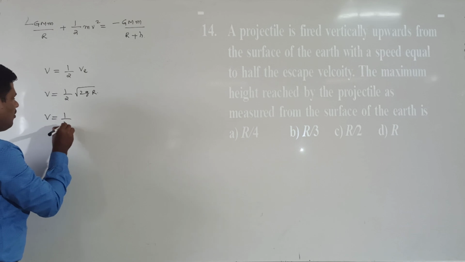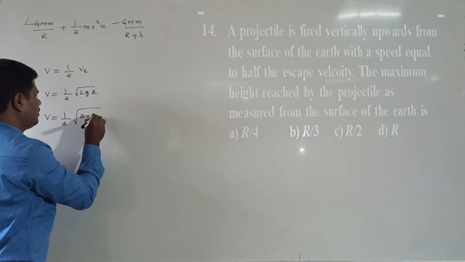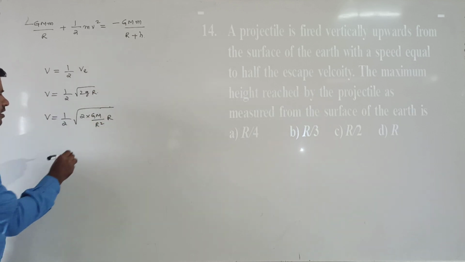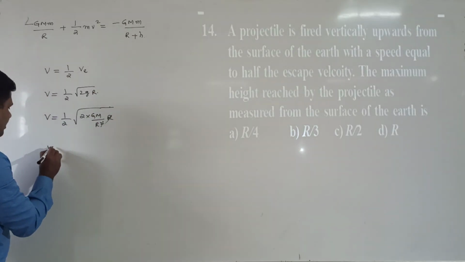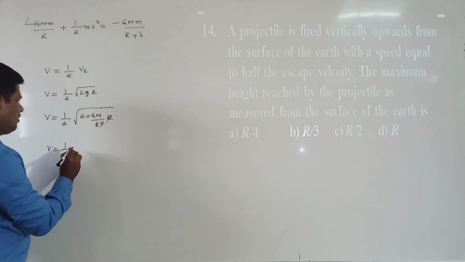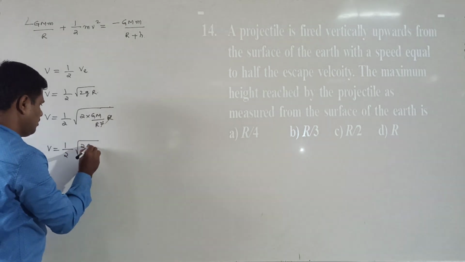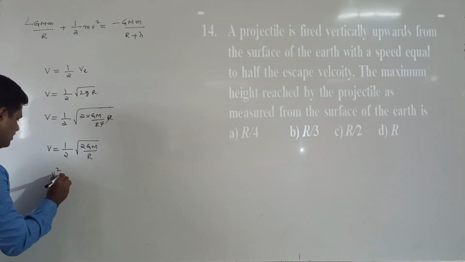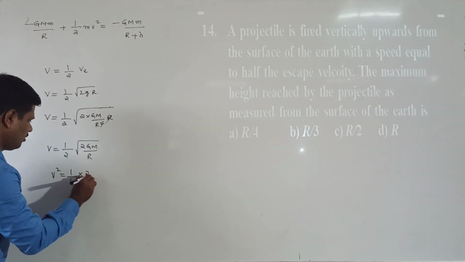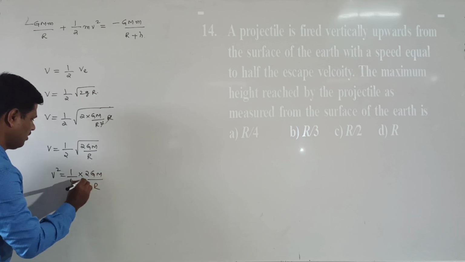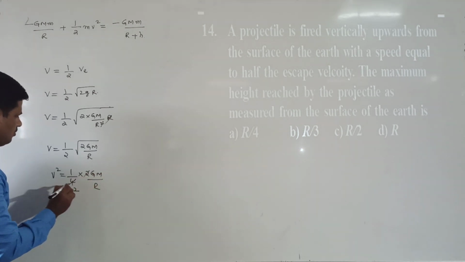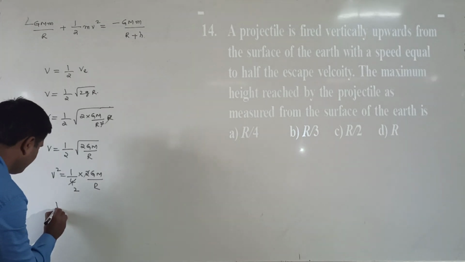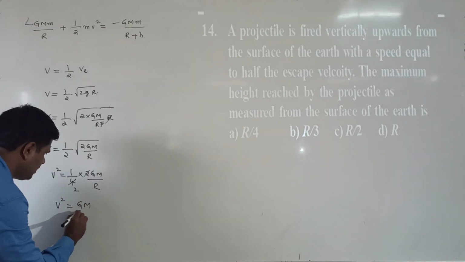With g equal to G M by R square, v is half into under root of 2 G M by R square into R. R cancels, so v is half into under root of 2 G M by R. Squaring this, v square is 1 by 4 into 2 G M by R, so v square is G M by 2R.